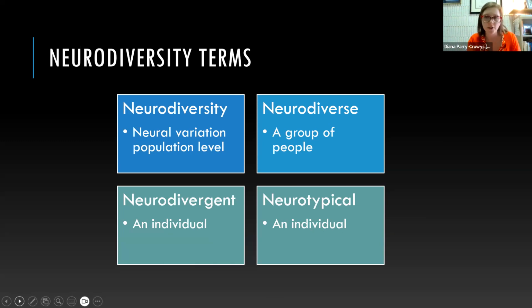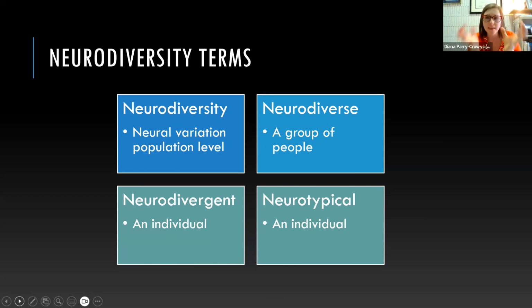So when we say neurodiversity, that's what we already learned about. The idea of neurodiversity is a neural variation operating on the population level. So we have neurodiversity within our human population because we have lots of different types of brains. Now we also can have a group of people. Let's say we've identified a group of people.